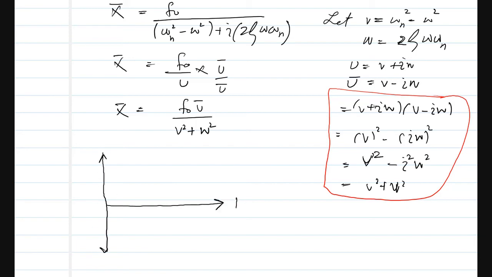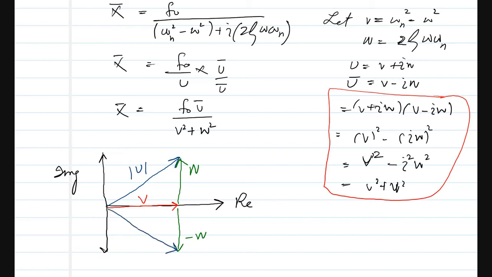So we have a real axis here, an imaginary axis here, and if I draw v, v is on the real part, and w is the imaginary part, so this is w and this is minus w. And if I draw the resultant, the resultant is nothing but u mod, and the resultant of this is nothing but u bar mod. Okay, I hope you understood.